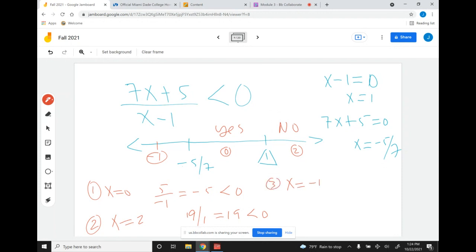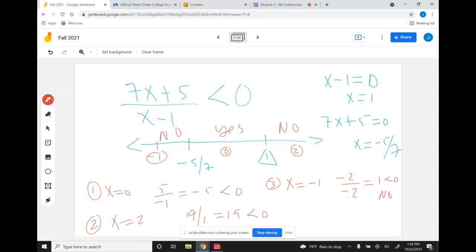Third test point. -1 times 7 is -7, plus 5 is -2. -1 and -1 is -2. When you divide two negative numbers, it turns into a positive, and you get 1. Is 1 less than 0? And the answer is no.